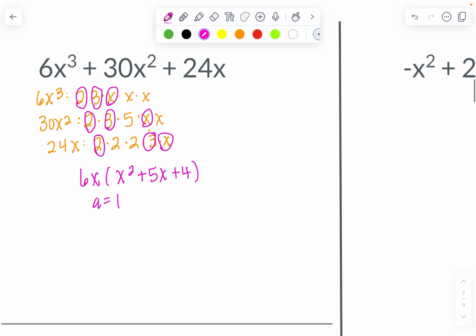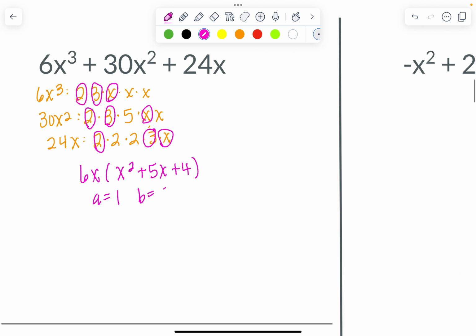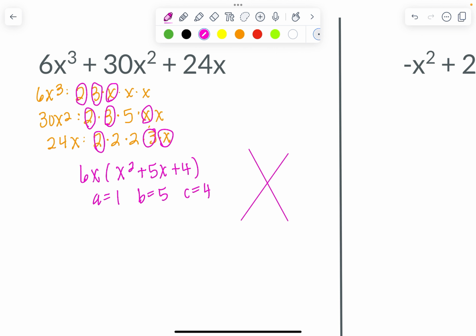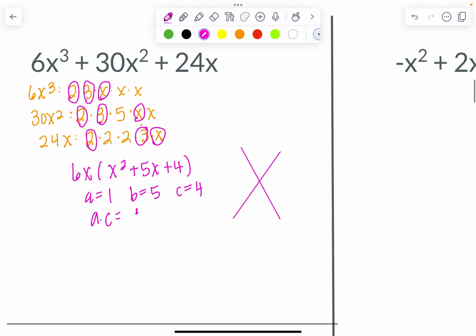In this case, A is 1, B is 5, C is 4. So I'm looking for two numbers that are going to multiply to give me 4 and add to give me 5.